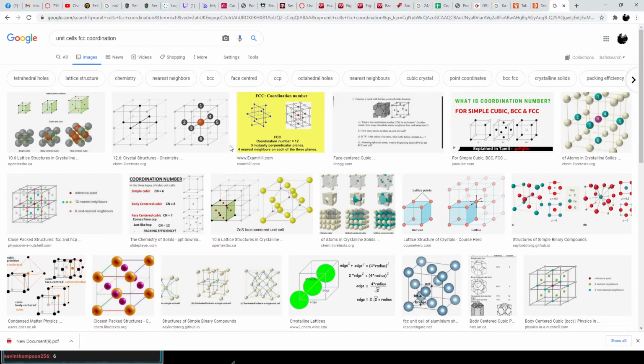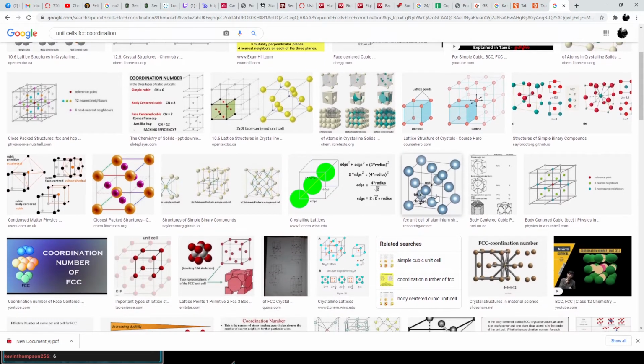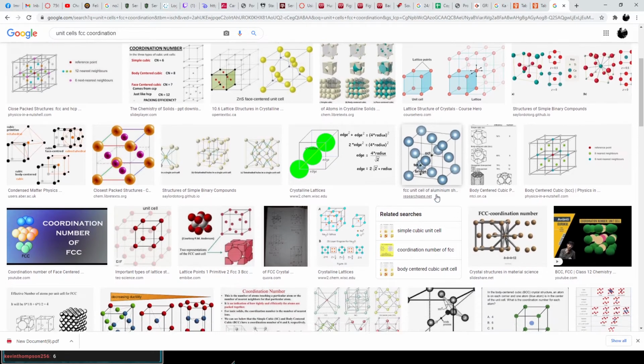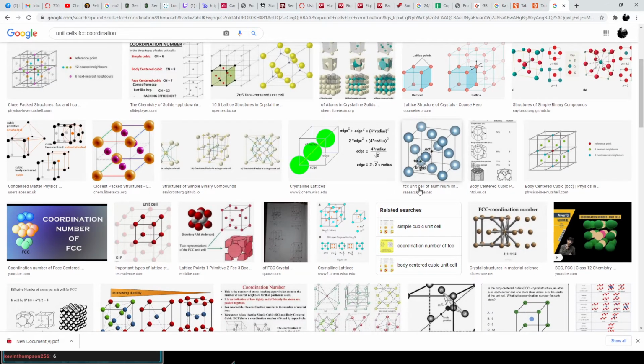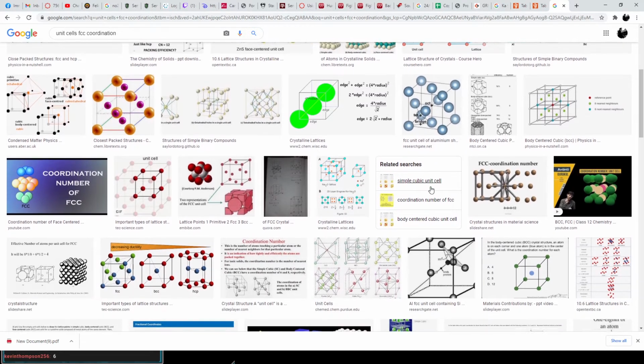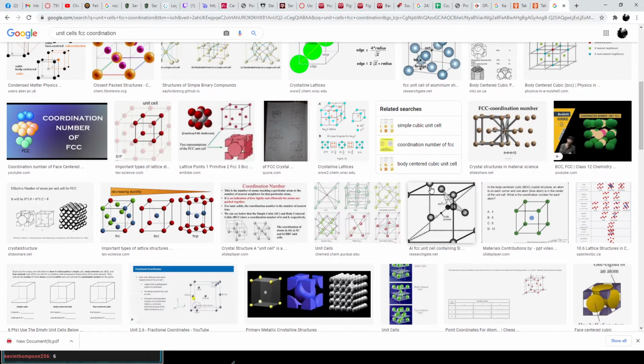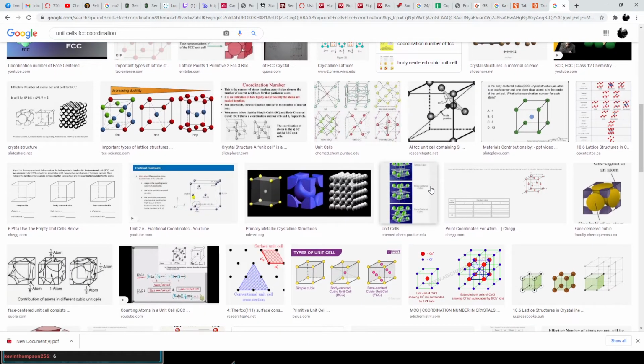Let's see if we can find a face-centered cubic structure. Could you imagine me trying to draw one that we would be able to use? It would never work. Is this face-centered?